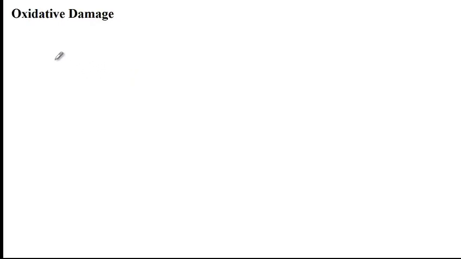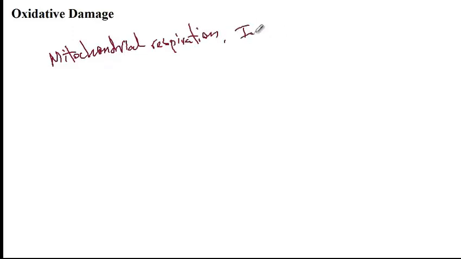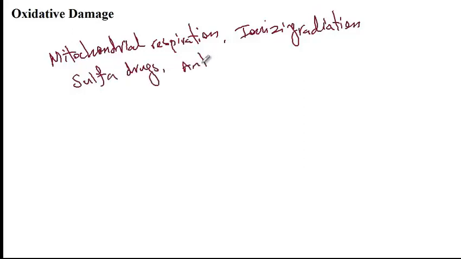So basically conditions like, for instance, mitochondrial respiration, ionizing radiation, certain drugs like, for instance, sulfa drugs or anti-malarial drugs, these can convert the O2 into superoxide radical, O2 negative.